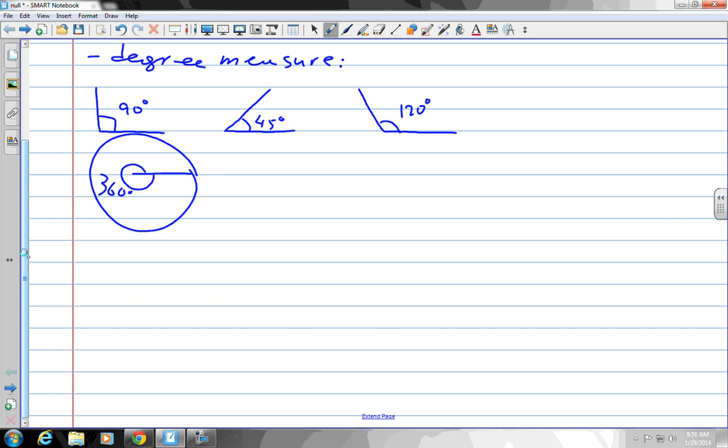So we came up with the notion of a radian, which is very, very useful. So let me talk a little bit about what a radian measure is.